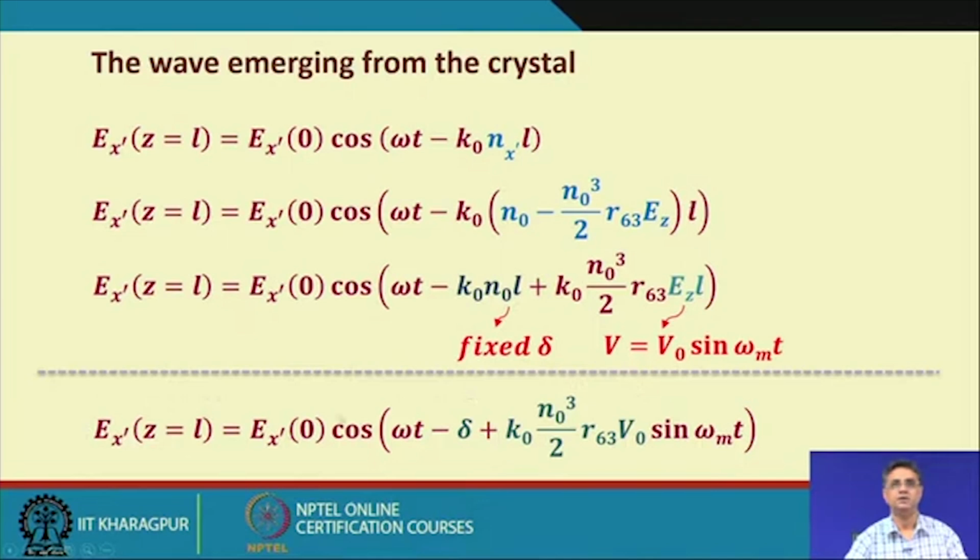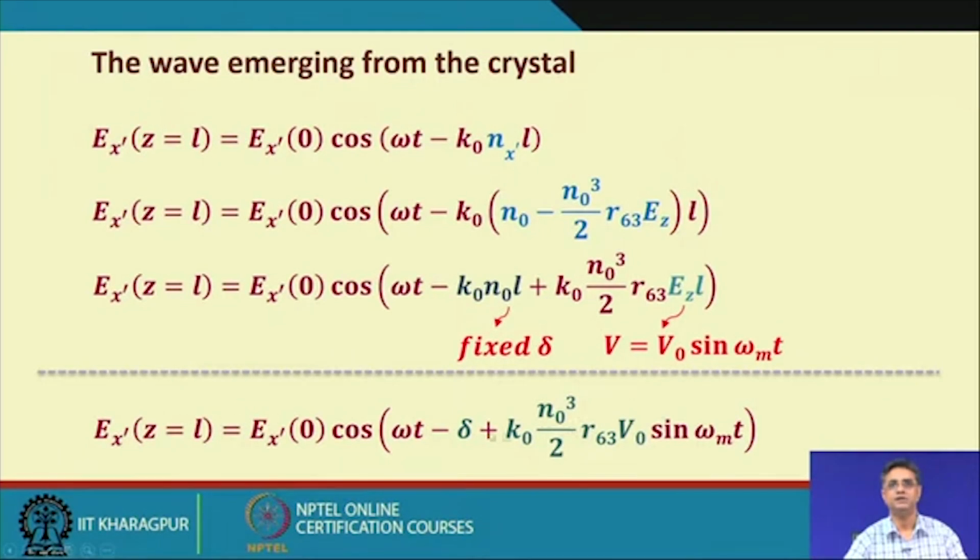So from this we can write this equation as E 0 dash cosine of omega t minus delta, where this is the fixed phase, and this is the phase which is undergoing the modulation because of this voltage.